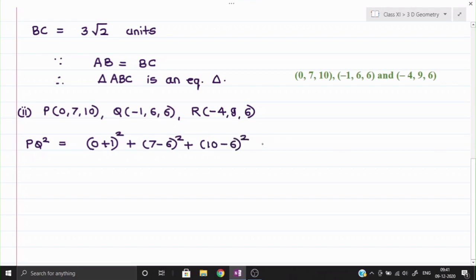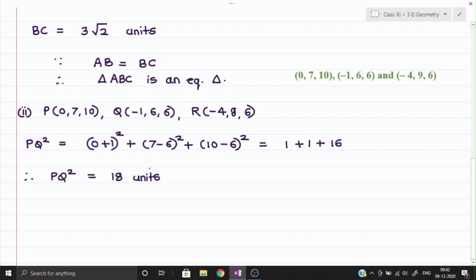If we solve further, 0 plus 1 is 1, 7 minus 6 is again 1, and 10 minus 6 is 4, square of 4 will be 16. Therefore the value of square of PQ will be equal to 18 units.